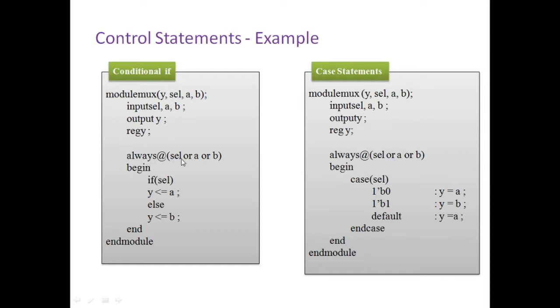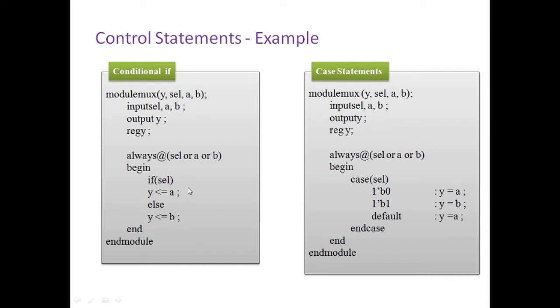Always depends on the select input. Begin, if sel is true, that means selection is logic 1, the output follows a, else the output will follow the b variable, and end module.